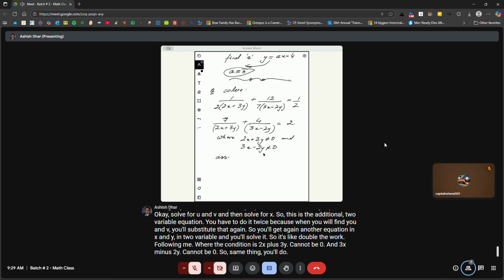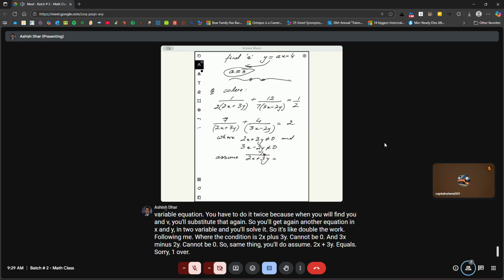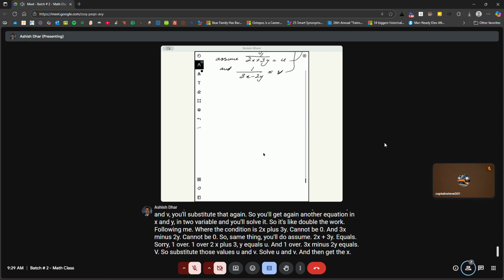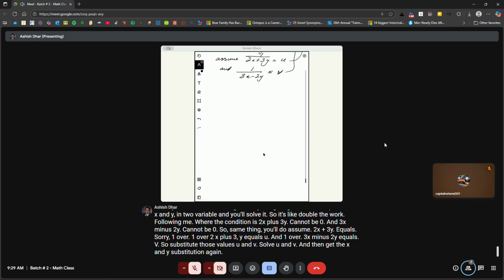So same thing you'll do. Assume 1 over 2x plus 3y equals u and 1 over 3x minus 2y equals v. So substitute those values, u and v, solve u and v, and then get the x and y substitution again.